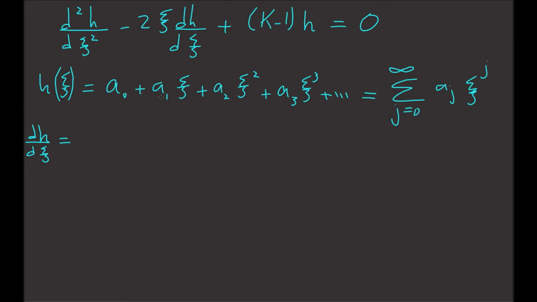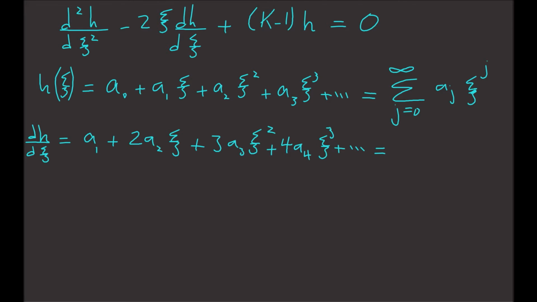We get a1 plus 2a2 squiggly, right, plus 3 a3 squiggly squared plus 4 a4 squiggly to the third plus dot dot dot.